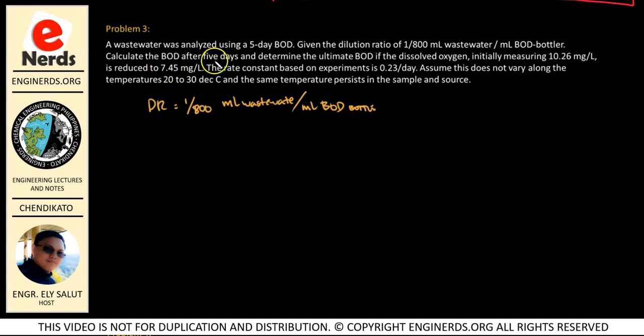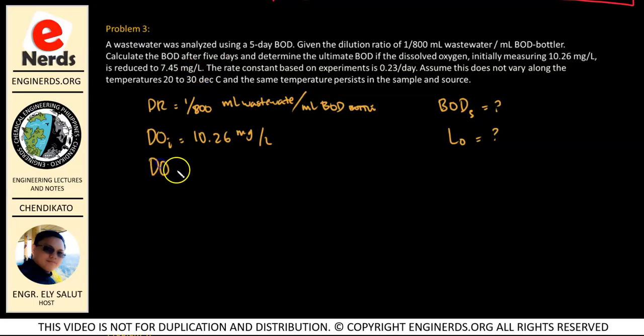Now, calculate the BOD after 5 days. So, pinapahanap sa atin yung BOD5. And determine the ultimate BOD. Okay, so hanapin din natin yung ultimate BOD. If the dissolved oxygen initially measuring 10.26 milligrams per liter is reduced to 7.45 milligrams per liter.